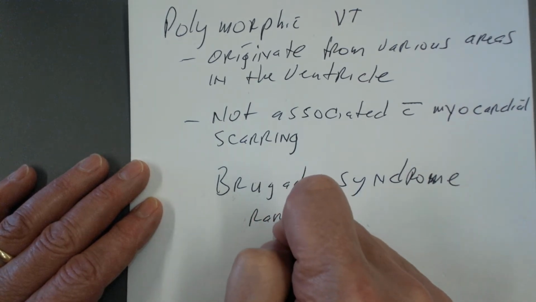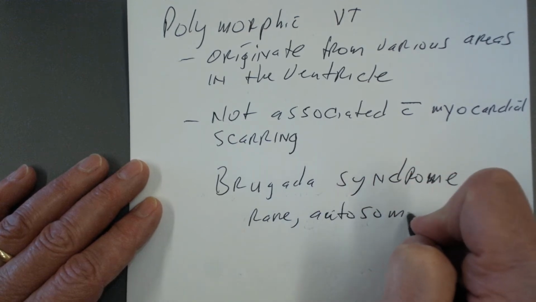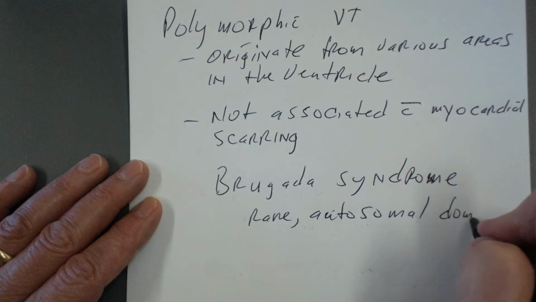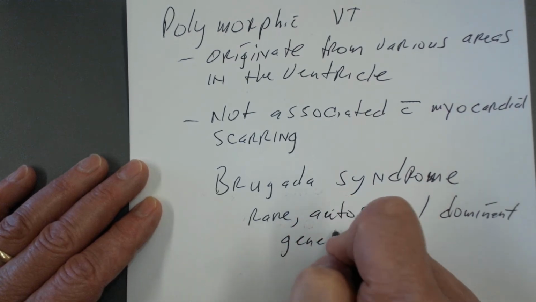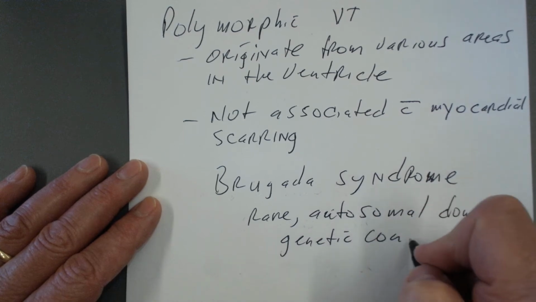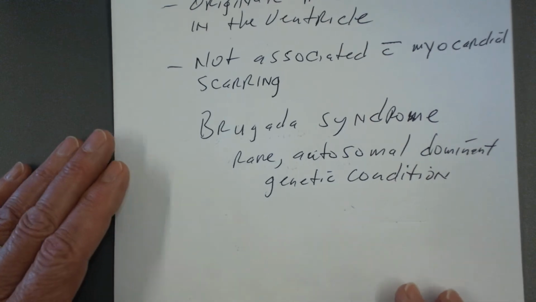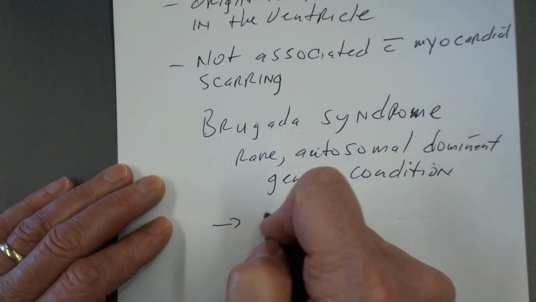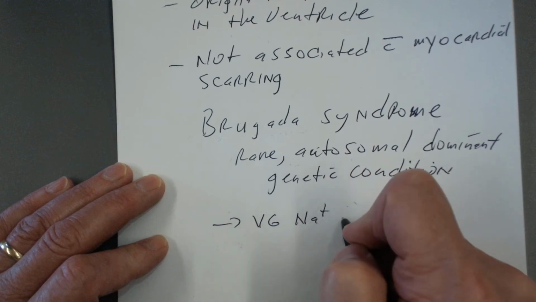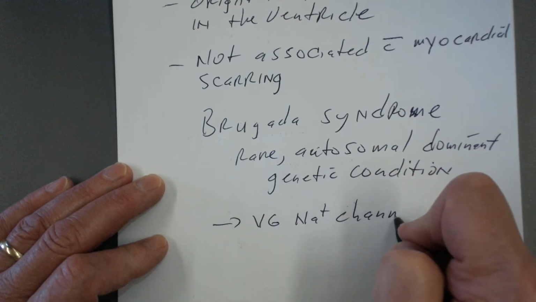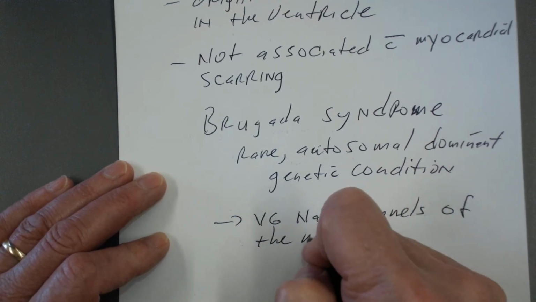So this is a rare autosomal dominant genetic condition. This is a mutation in the voltage-gated sodium channels of the myocardium.